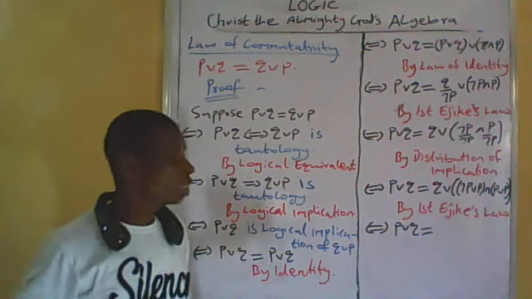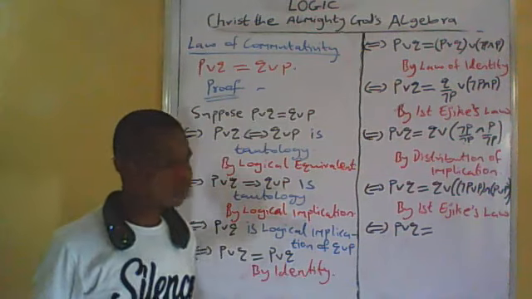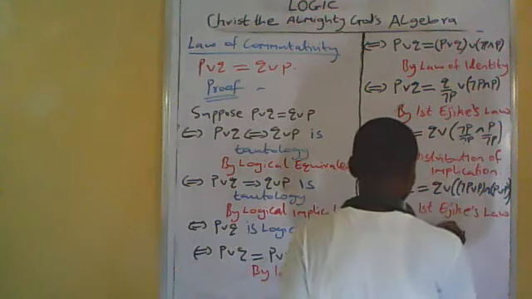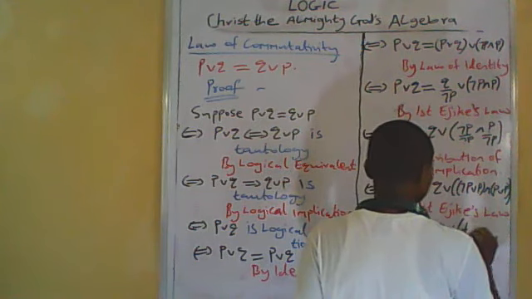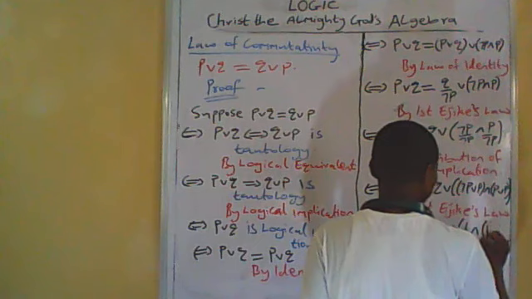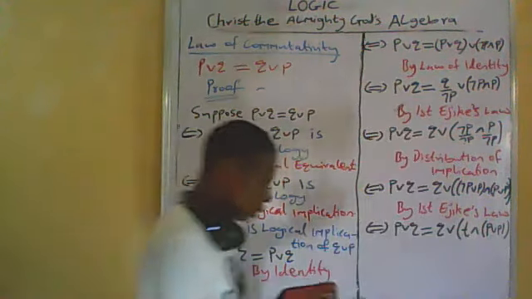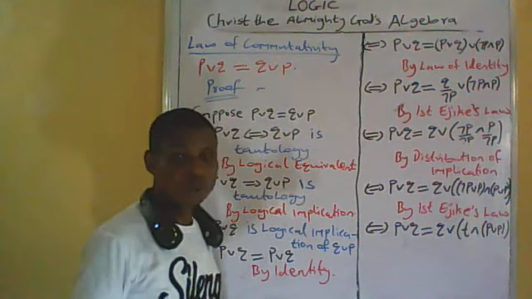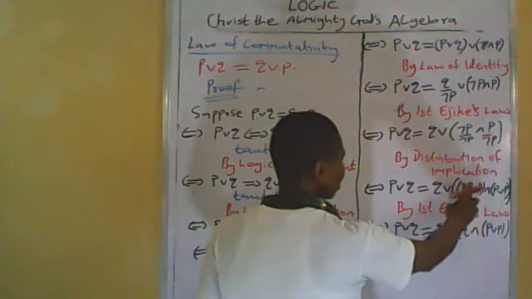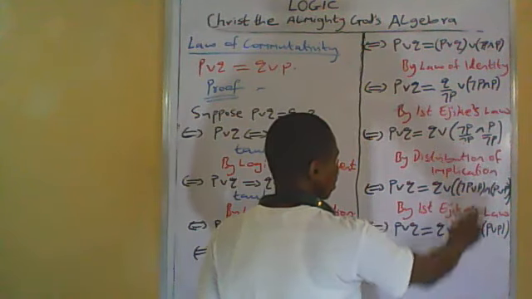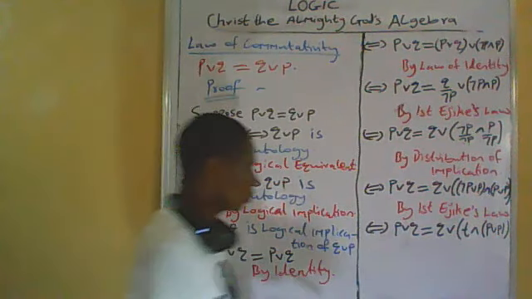And when T is anded with any term, it is the same as that term. So we have Q or bracket T and bracket P or P, being justified by law of complement, because this not P or P is equal to T by law of complement.